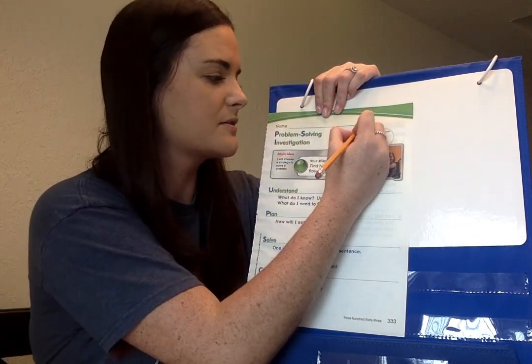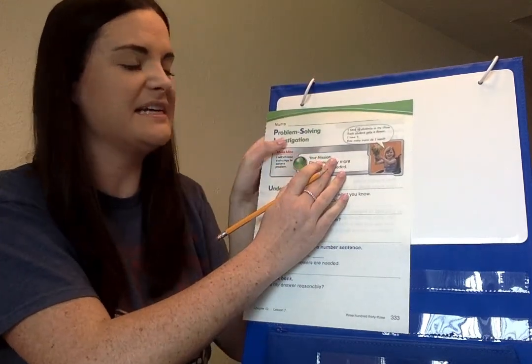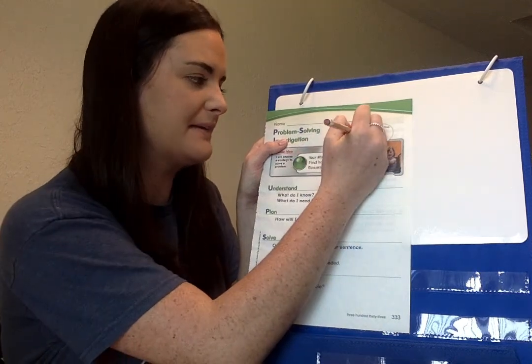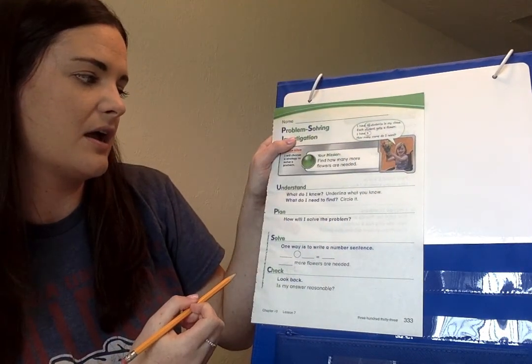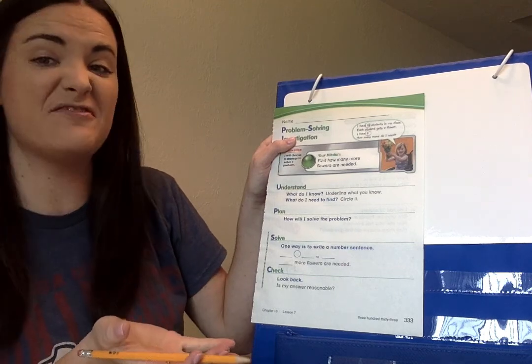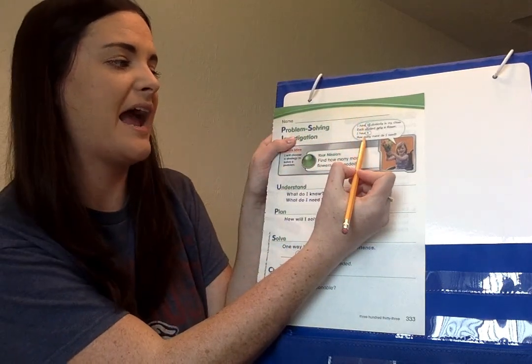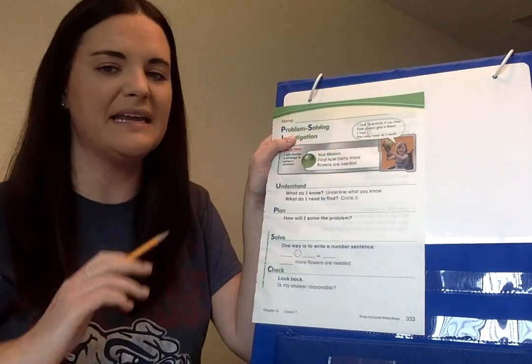Now, remember, the first thing that we need to do is circle the numbers that we see in the story problem. So I'm going to circle the number 18 and the number 9. Now we need to see, what do we need to find? We are finding how many more do I need?